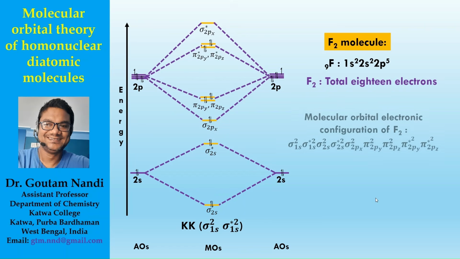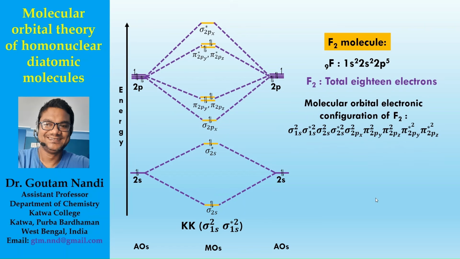So the electronic configuration will be sigma 1s2, sigma star 1s2, sigma 2s2, sigma star 2s2, sigma 2px2, pi 2py2, pi 2pz2, pi star 2py2, pi star 2pz2, and the bond order will be 10 minus 8 divided by 2, as the total electrons in the bonding molecular orbitals are 10, and the total electrons in the antibonding molecular orbitals is 8.